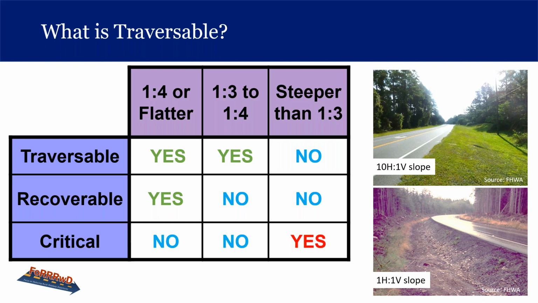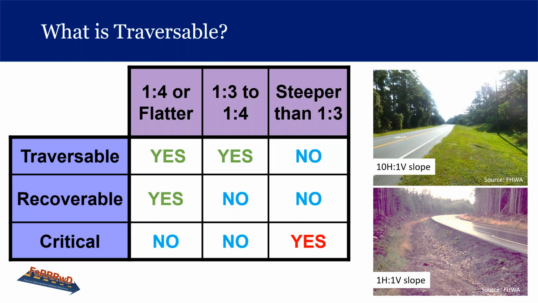Then we get into the term recoverable. It's not as good as traversable, but if you go off the road onto a 1 to 4 or flatter slope, you can still recover. Recovering means getting back onto the road without hitting anything.